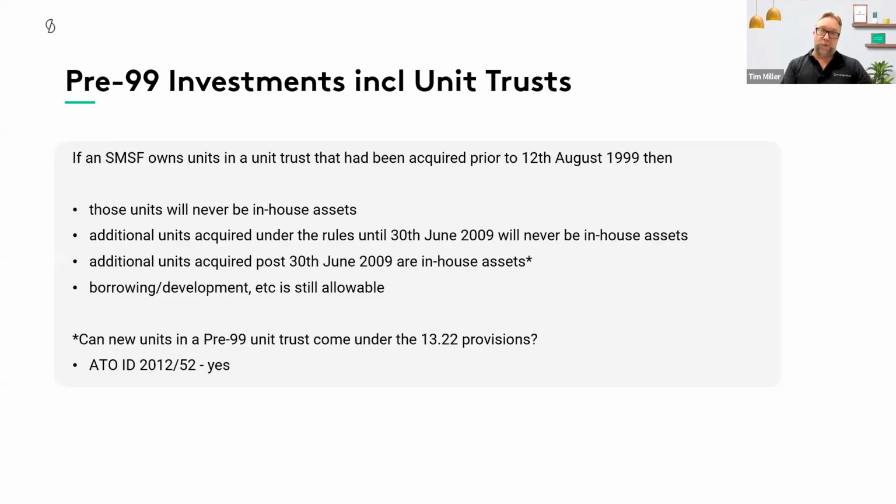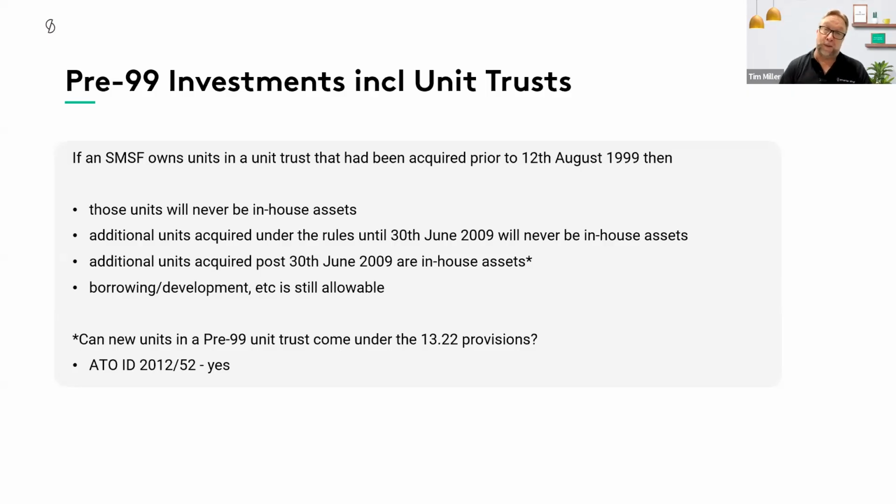As I said before, there were some transitional arrangements in place that provided for the ability to invest more units and to potentially pay off borrowings. All of that had to be done before 2009. So any pre-99 investment that has a new investment made now, that new investment will be an in-house asset, right?